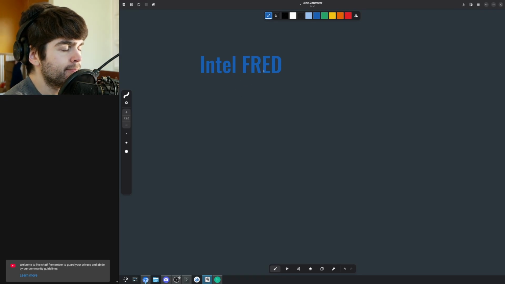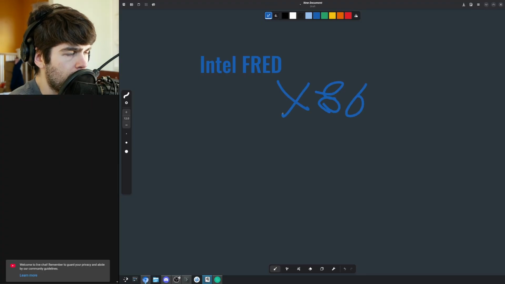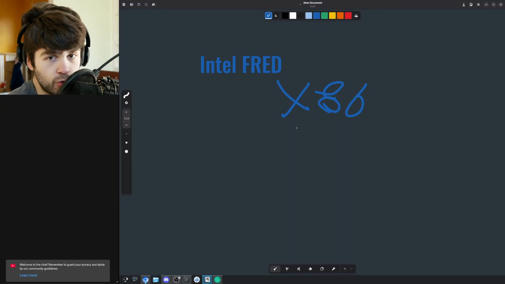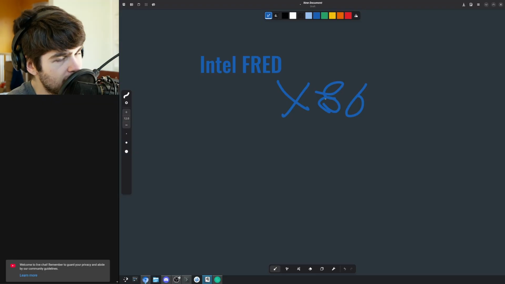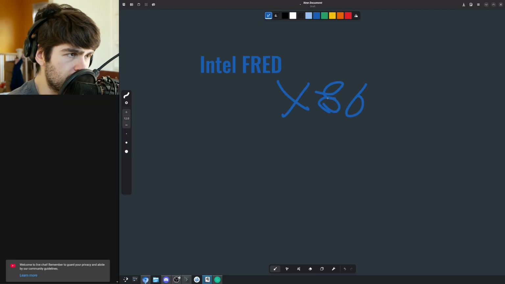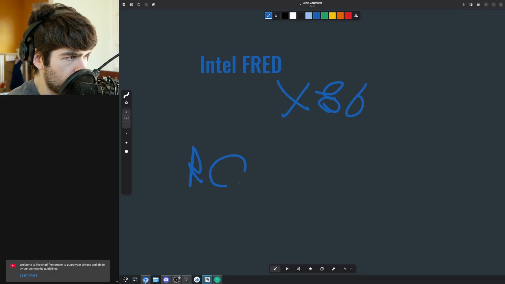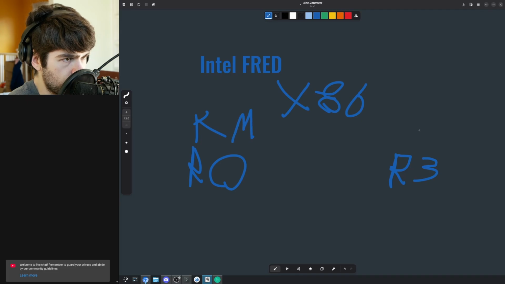There is a problem with x86 where whenever you want to switch from user mode to kernel mode, or what we commonly call ring 0 to ring 3, or the other way around. Whenever you want to go from ring 0 to ring 3, so kernel mode to user mode, you need to call specific commands.